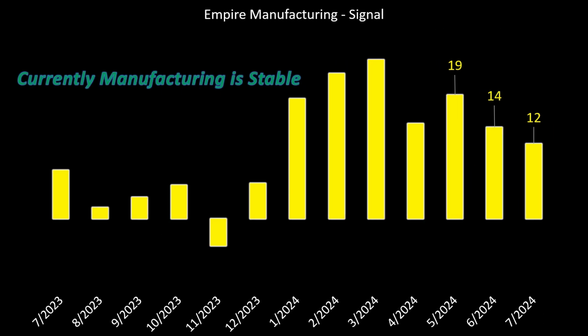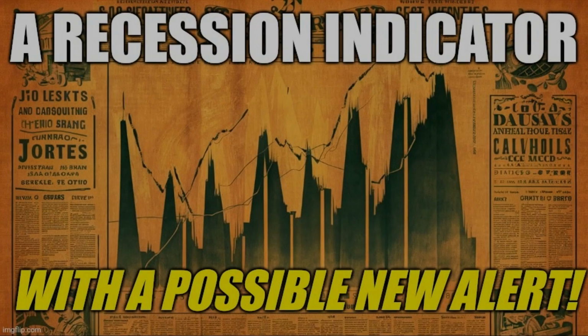Again, remember that level 45? That would tell us that manufacturing is going down very, very quickly, and that would spike up to 45. We're at 12, and that's following last month's level of 14, before that 19. It's actually stabilizing even more. Currently, according to this calculation, manufacturing is not strong, but it's stable.